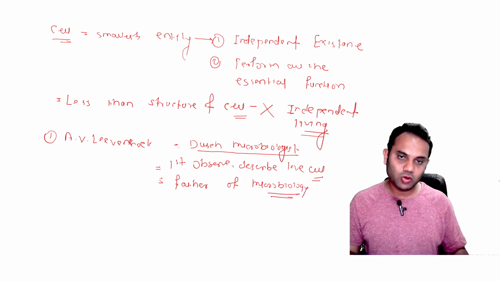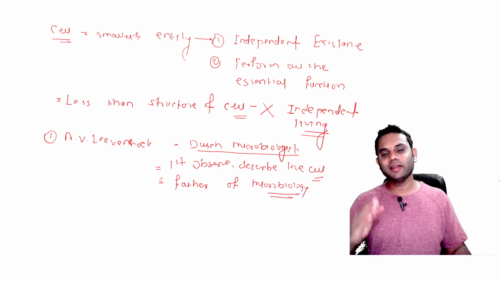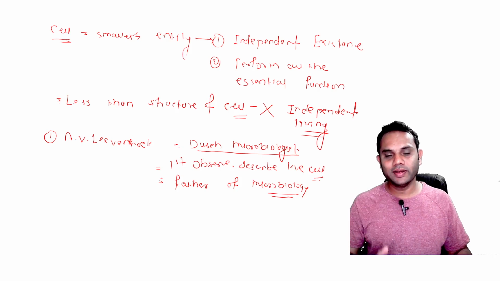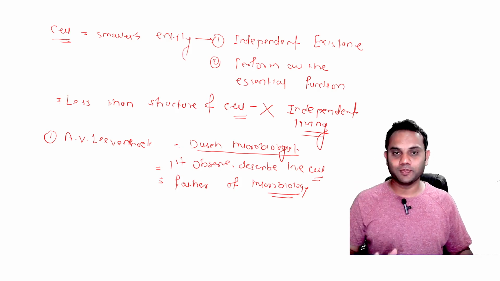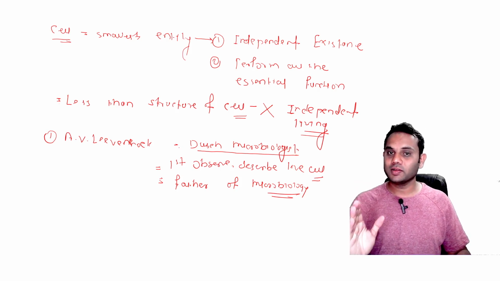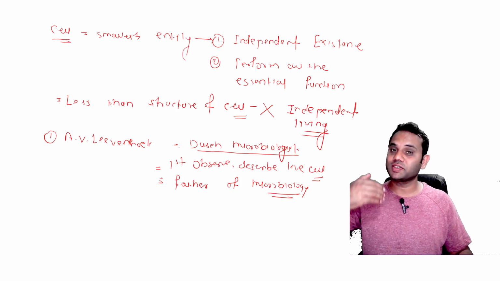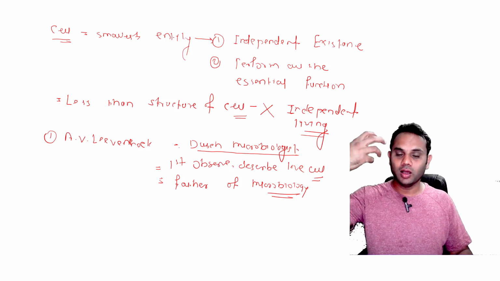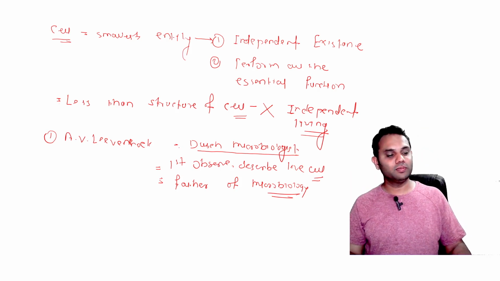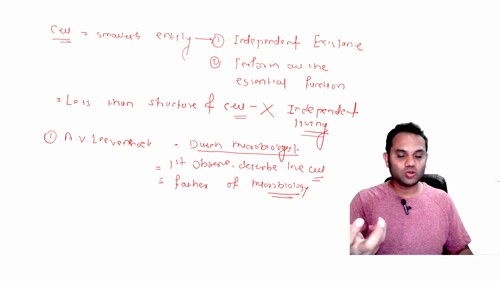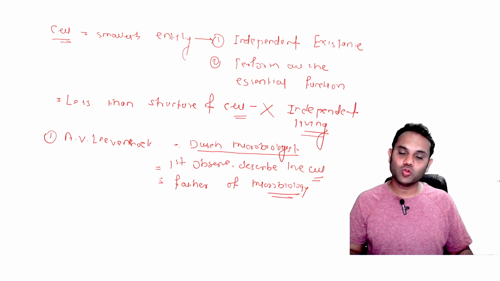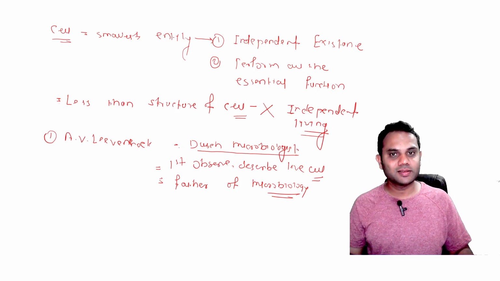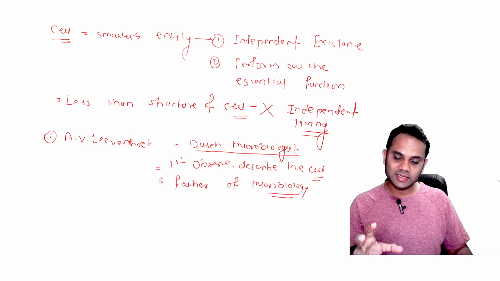Okay. He was the first to observe and to identify the structure of the cell. Which structures did he observe? He observed the structures of bacteria, the structures of RBCs in human beings. Then he also observed the structure of protozoa, primitive organisms, okay, and hence he is called the father of microbiology.